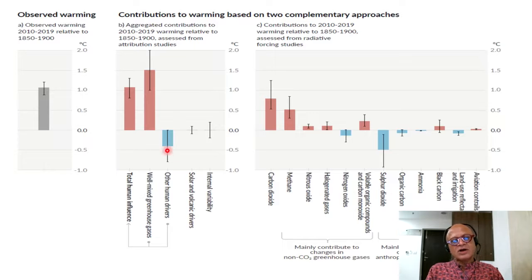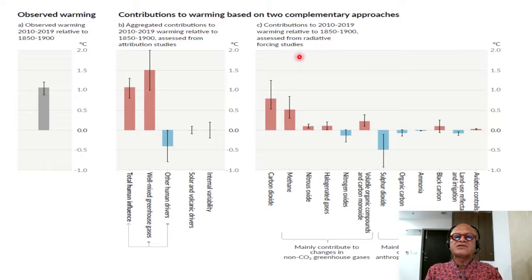Other human drivers like land use change are creating a bit of cooling, so this difference here is included here. Solar and volcanic drivers are very small, and internal variability is also relatively small compared to the total warming, which means we can attribute the warming to human influence with complete confidence at this point.